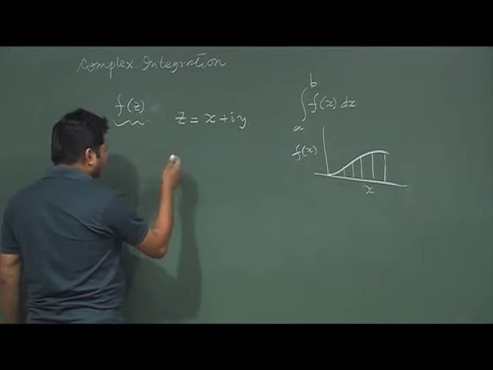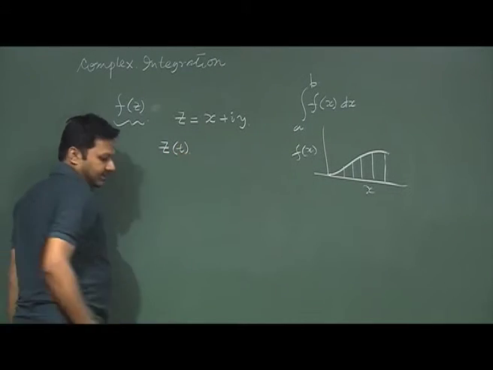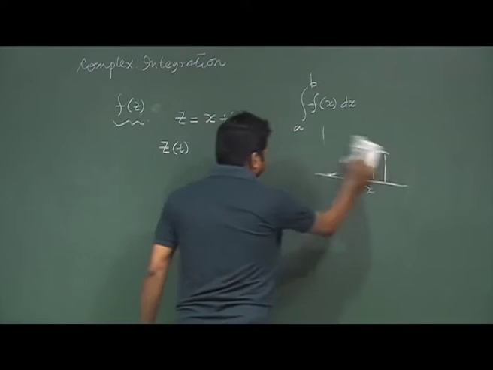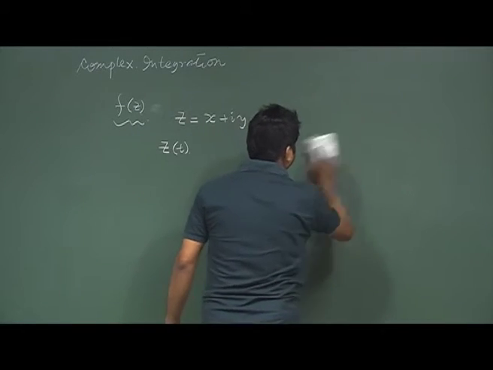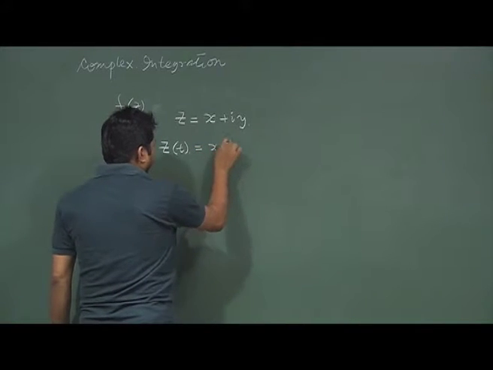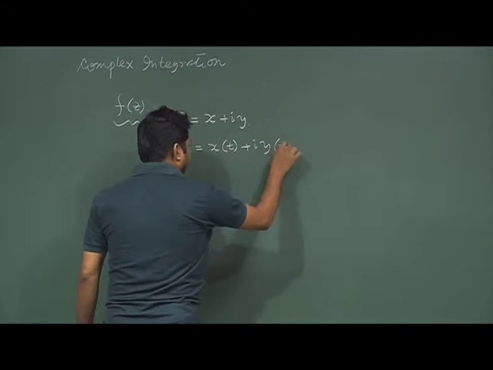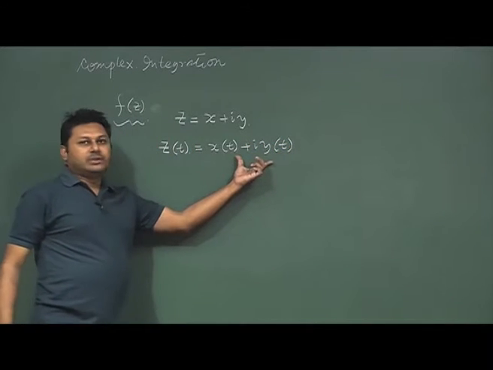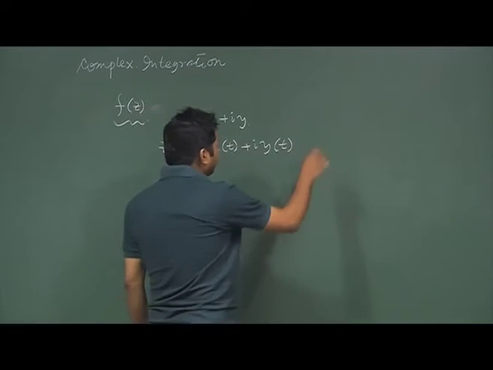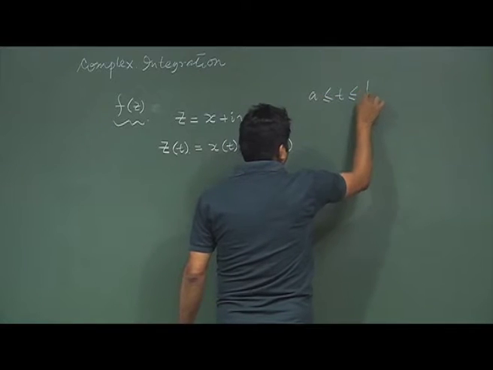So, we can do this in the parametric way. For example, t is called the parameter. x and y both are changing with the parameter t. So, t is some parameter, say it is this value.